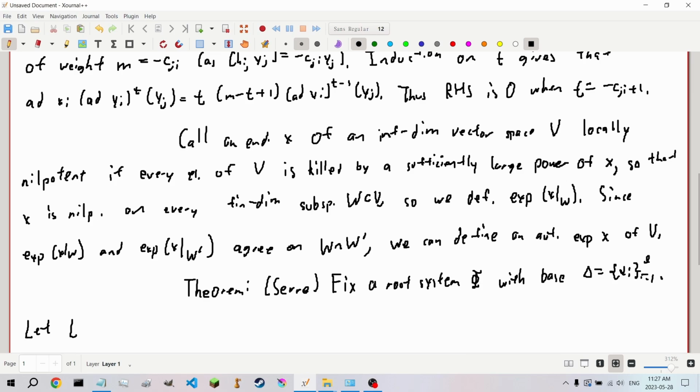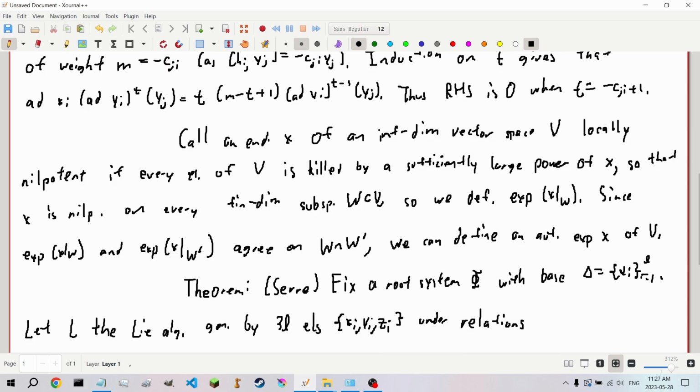Let L be the Lie algebra generated by the 3l elements xi, yi, zi under, they call them relations, probably the better term. I call them constraints or something, 1 to 4 from before.